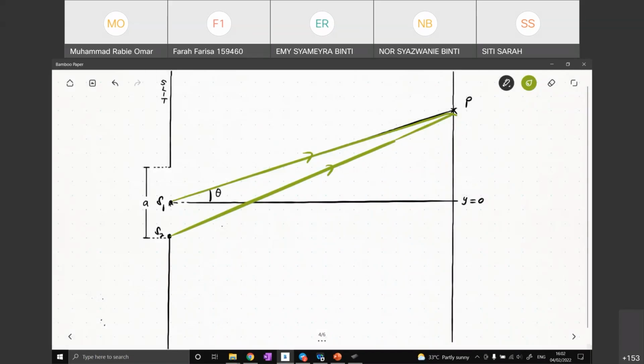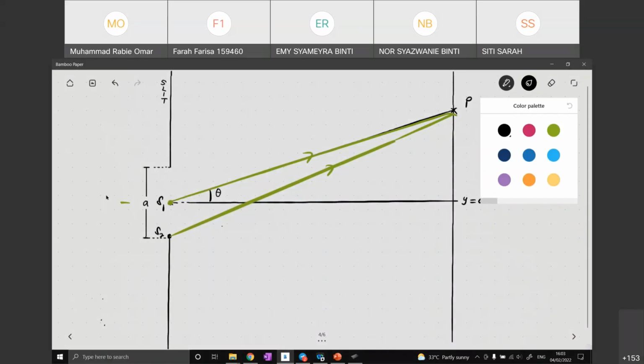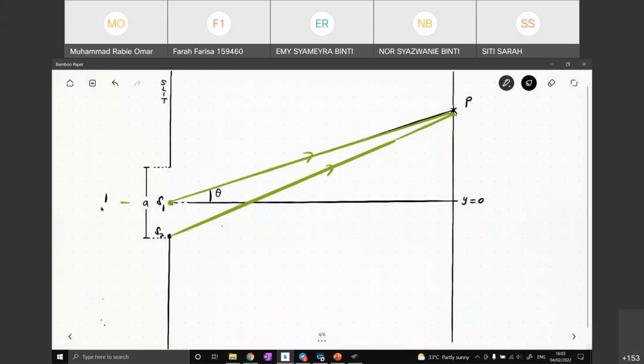Okay. Since this is our reference point, it is located at half of A. This particular point is 1 over 2A. Sorry, the distance from here to here is actually 1 over 2A. So of course, the distance from here to here is 1 over 2A as well.